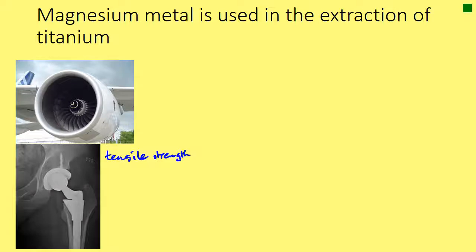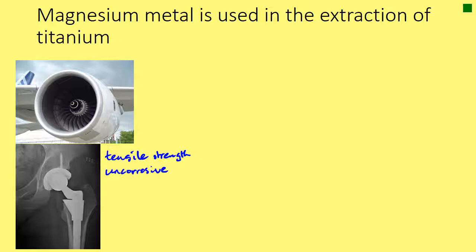It has very high tensile strength, similar to that of steel, and yet it is uncorrosive. It's uncorrosive because it quickly forms a layer of titanium oxide on the outside, which is completely unreactive. It means that more oxygen can't react with the metal inside.